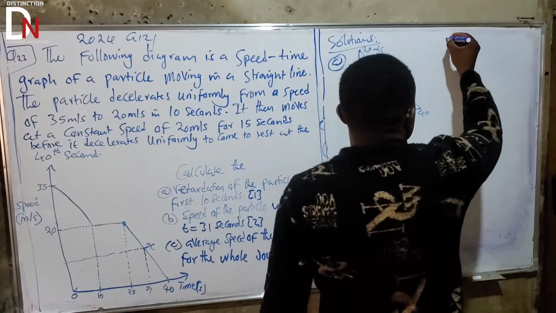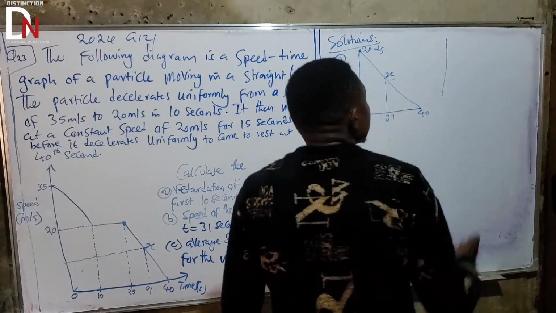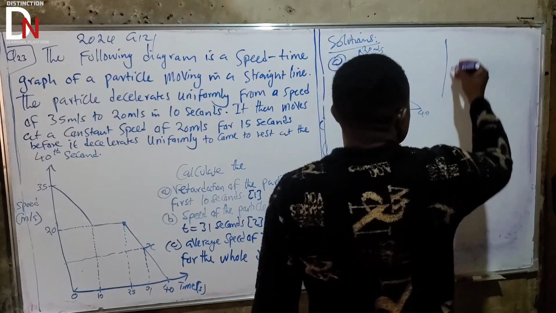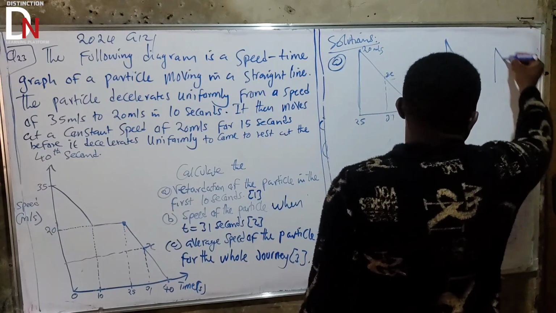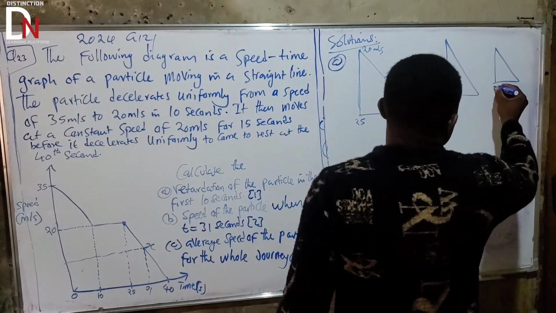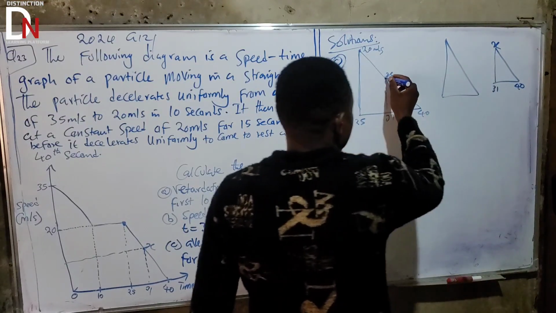I have this, and I have a smaller triangle. So this is 31, this is 40, this is X, this part.